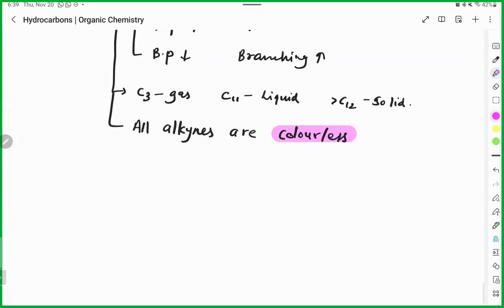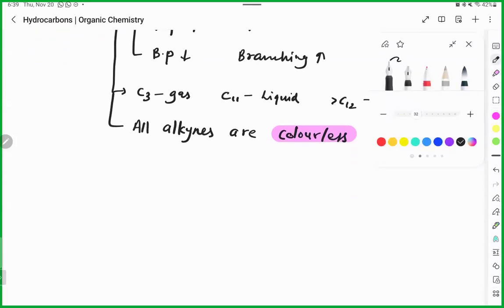And why are alkynes colorless even though they can easily react? Answer: alkynes absorb specific light, only in this light can they react.